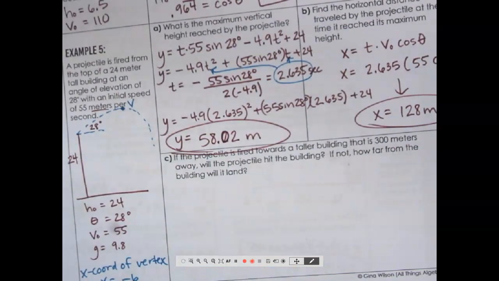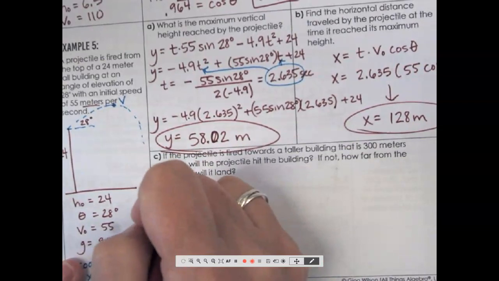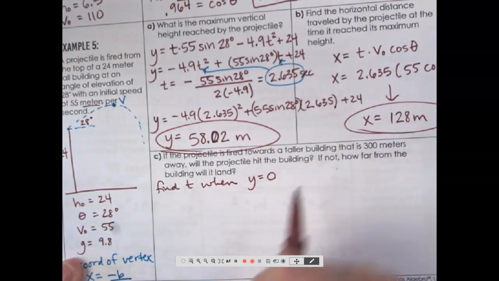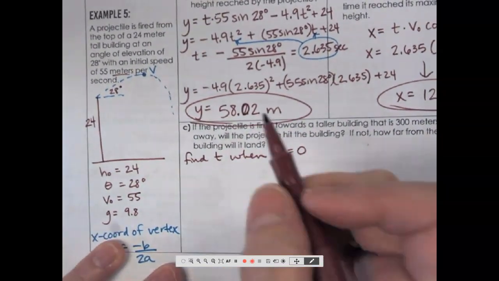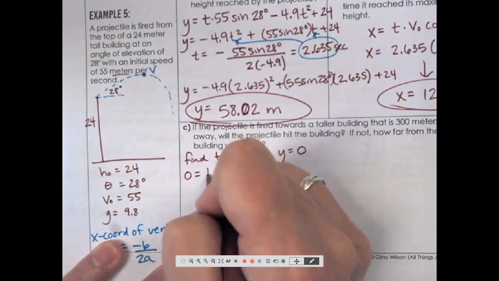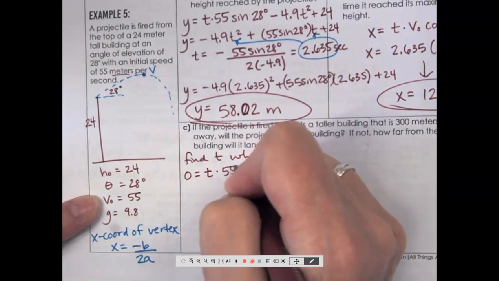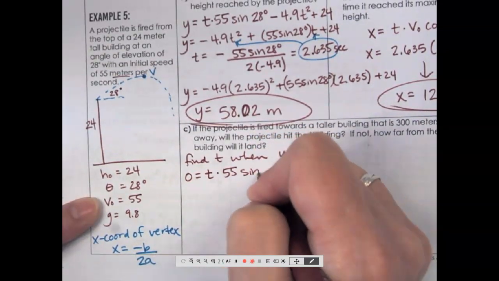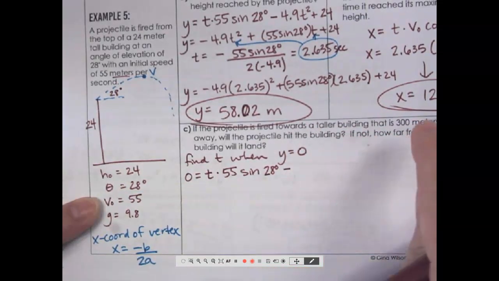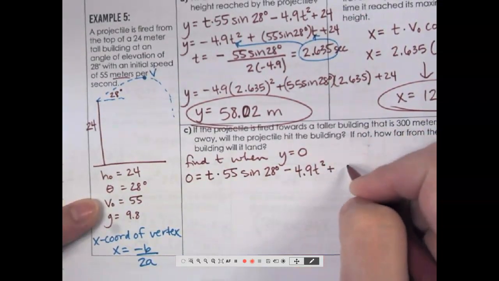So I've got to figure out when this projectile is back on the ground, which means a height of 0. Okay, so find t when y is 0. So that's what we're going to do. Okay, so we're going to say 0 in the place of y equals time times initial velocity sine 28 degrees, minus, this one was meters, so it's 4.9 t squared plus 24.